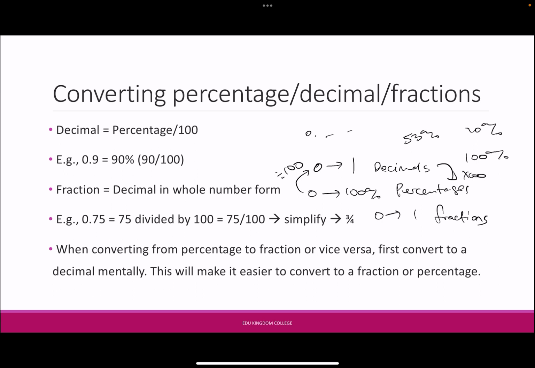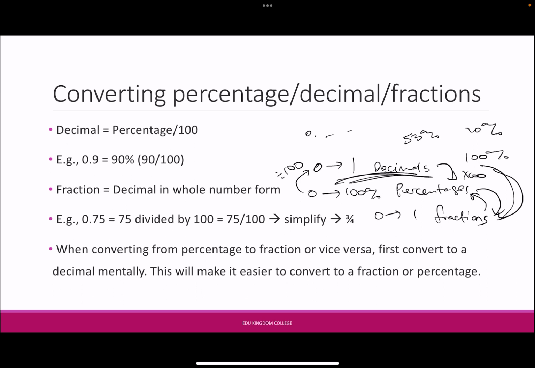Now, if we're going from decimals to fractions, or from percentages to fractions, or fractions to percentages, we want to use decimals as our middle step. When converting from percentages to fractions, always convert to a decimal first, or mentally, and then write out what you're thinking in its exact form.